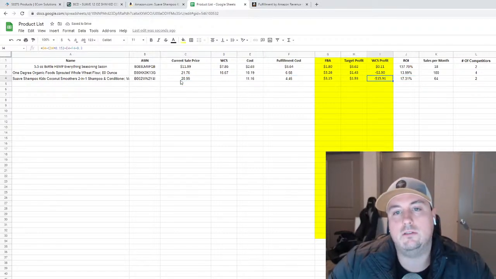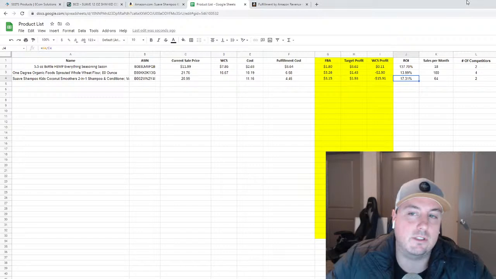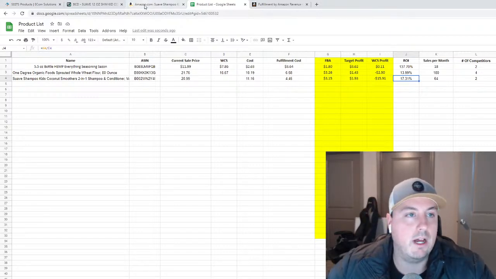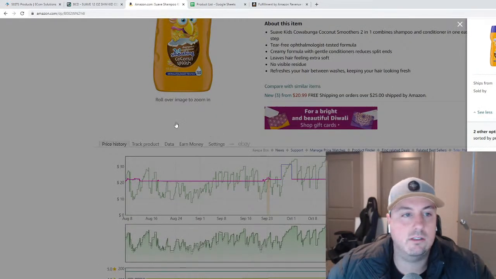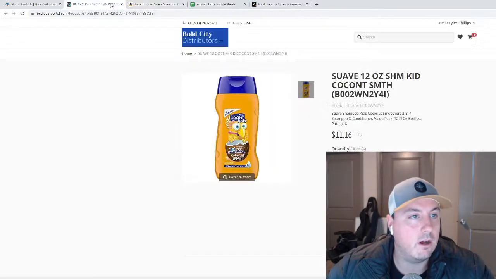So that lowers the ROI down, but 17%, still not bad if you just match their price and sell it for the same amount.